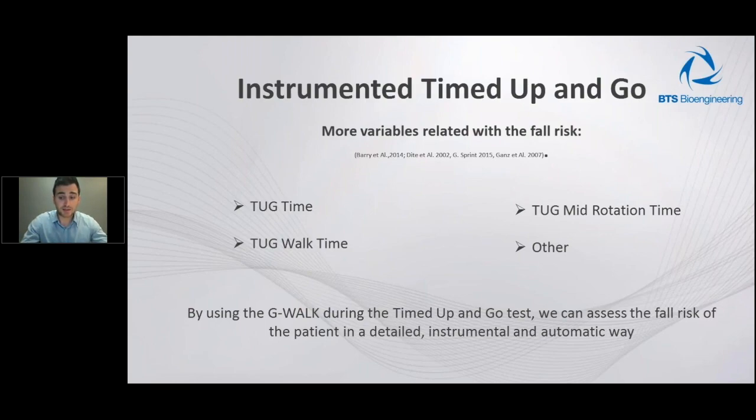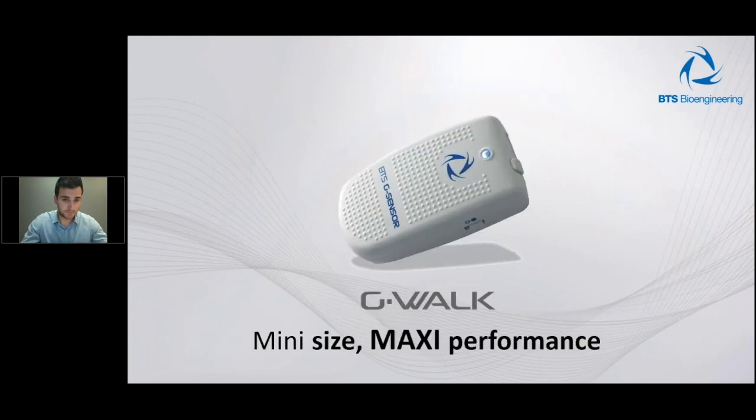Now, just a few words about the technologies. The GWALK is a revolutionary product for movement analysis. It is a portable and wearable device made up of great hardware technologies, in detail an inertial platform made up of a triaxial accelerometer, triaxial magnetometer, and triaxial gyroscope, and advanced software algorithms, joined together, allowing a precise gait and movement quantification.